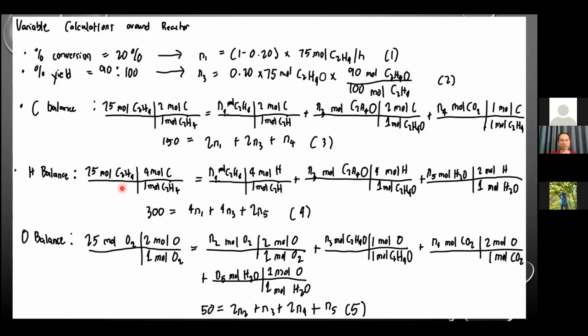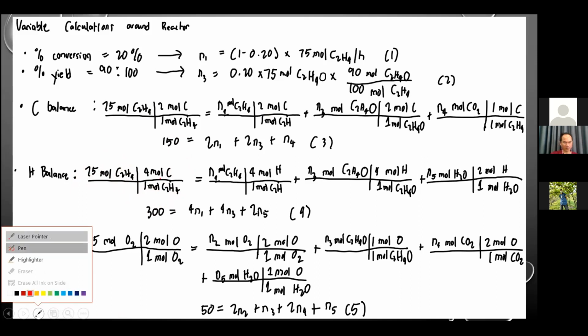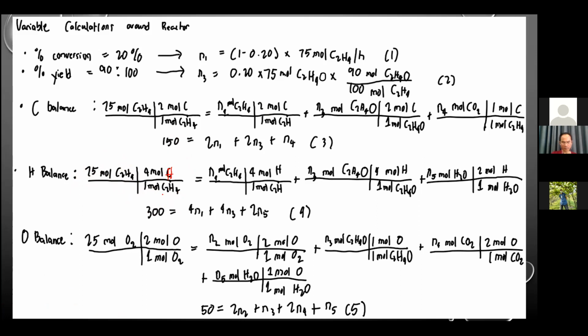This left hand side is the input, so we multiply the molar fraction of C2H4, which is 75, times the amount of hydrogen: for 1 mole of C2H4 there are 4 moles of hydrogen. And then the right hand side is the same.